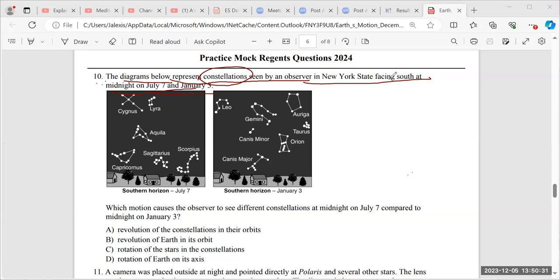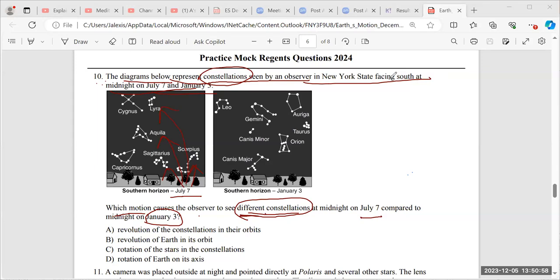So it says, which motion causes the observer to see different constellations at midnight on July 7th and midnight on January 3rd? What is the reason why we see different constellations? When we look at the nighttime sky in July, I see Sagittarius, Scorpius, Aquila, and Lyra.